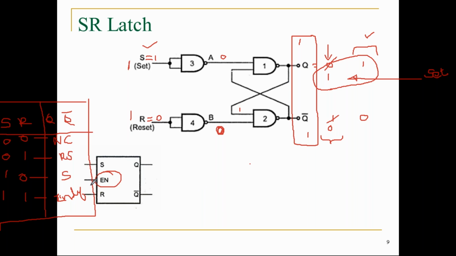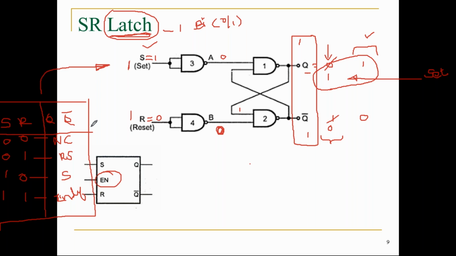So the important understanding from this logic diagram and truth table of the SR flip-flop is that a latch is a unit which stores data temporarily, a temporary storage device. It stores only 1 bit of data, that means Q, either 0 or 1.